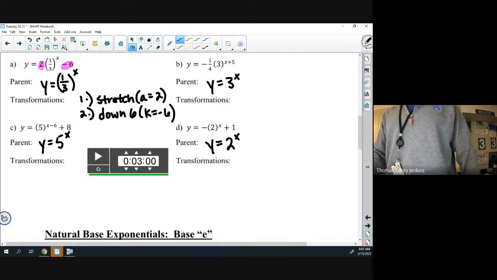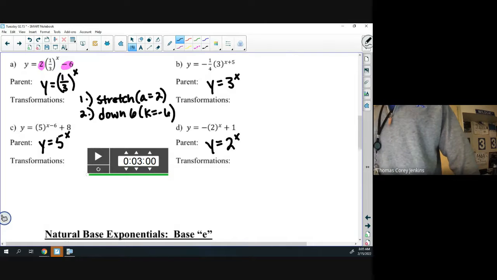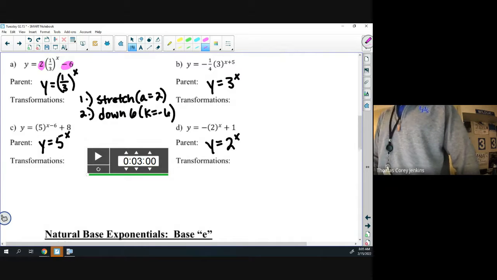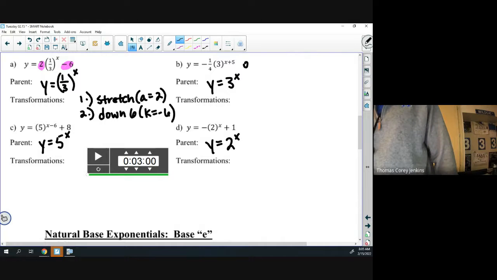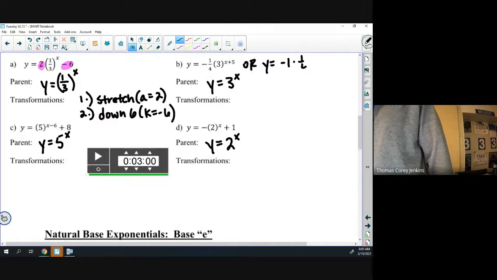All right, so on the next one, it looks like there are 2 things that are different, but we actually want to treat it like there's 3. You may want to rewrite it this way. We could think of it as y equals -1 times 1/4 times 3 to the power of x plus 5.